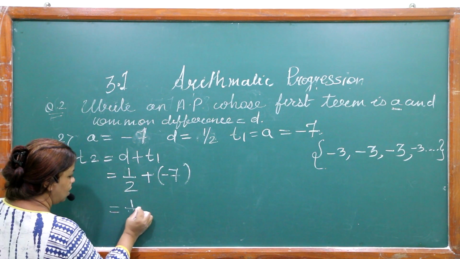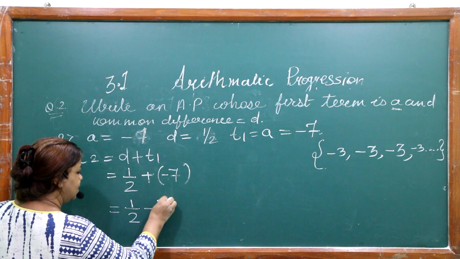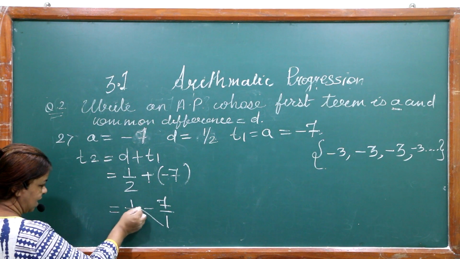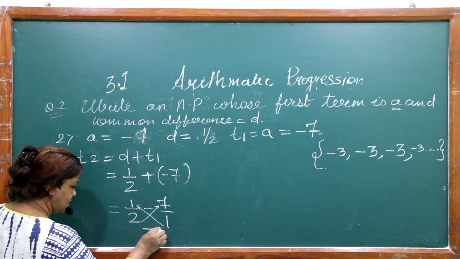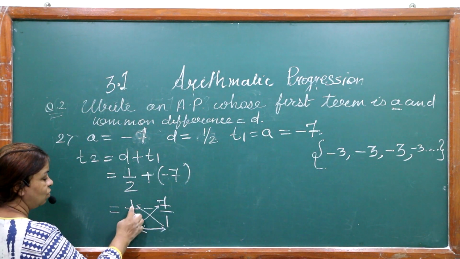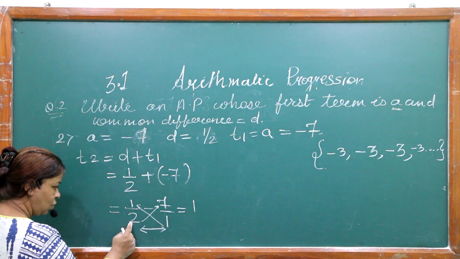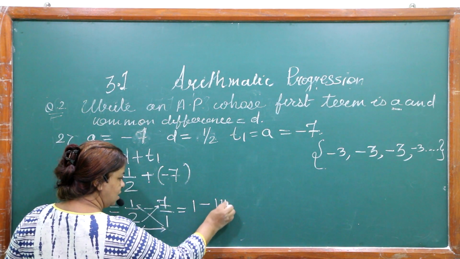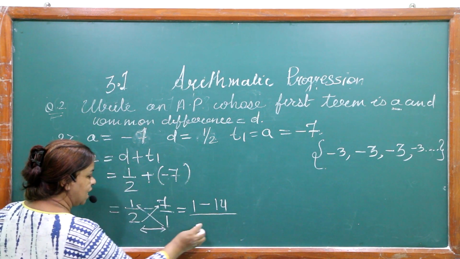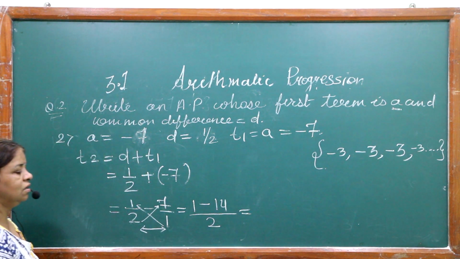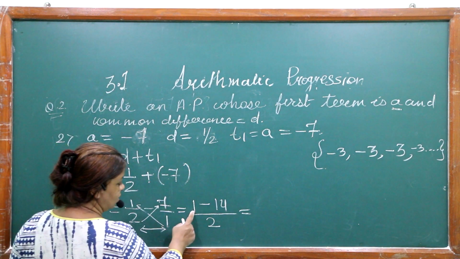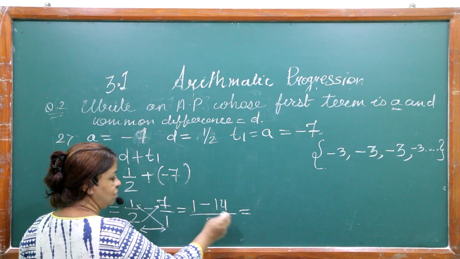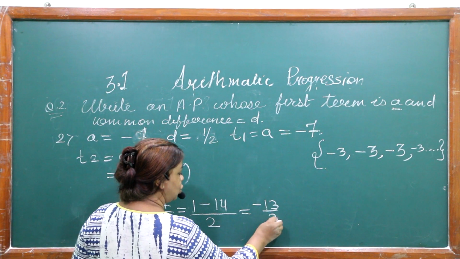Now here 1 upon 2 plus minus 7 upon 1. If the denominator is not there, cross multiply with one another. 1 into 1 is 1. 2 into 7, sign is minus, in the middle. 2 into 7 is 14 upon 2 ones are 2, which will be minus 13, because 1 has sign plus and here the sign of 14 is minus. 1 minus 14 is minus 13 by 2.